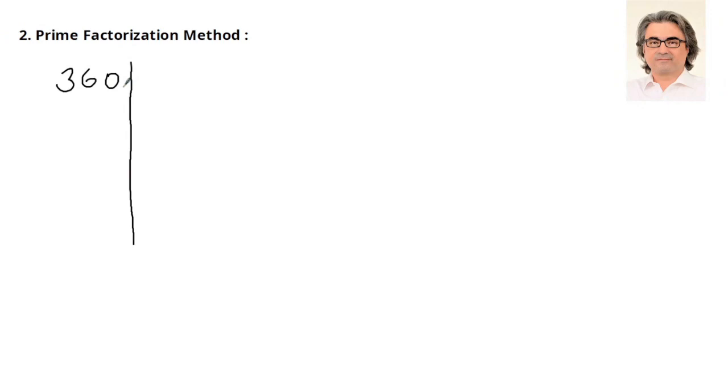The smallest prime number is 2. Is it possible to divide 360 with 2? Yes, because 360 is even. It's divisible by 2. If you divide a number by 2, you should find half of it.